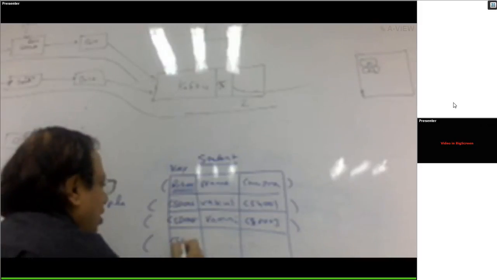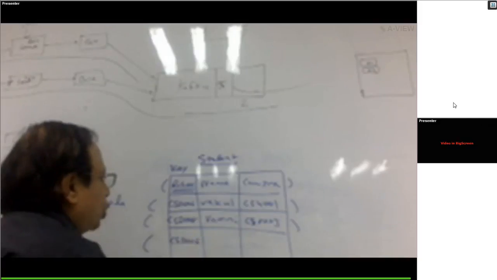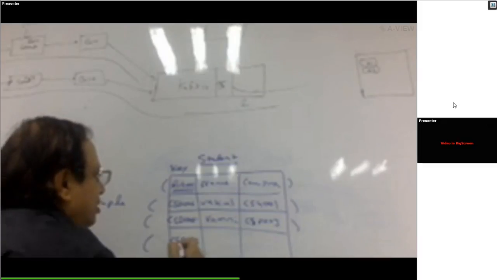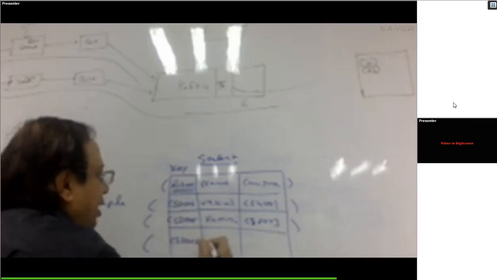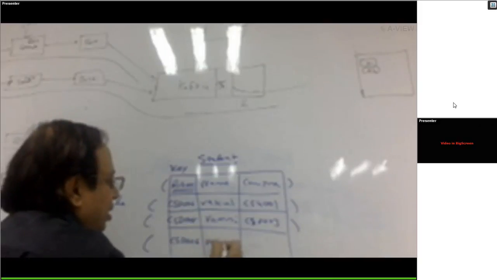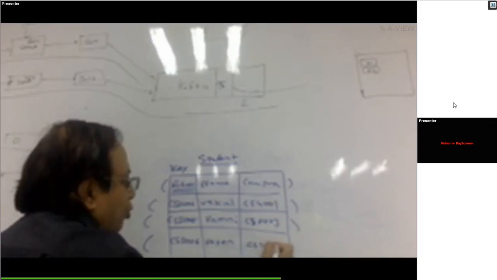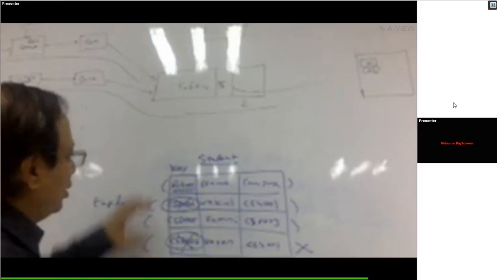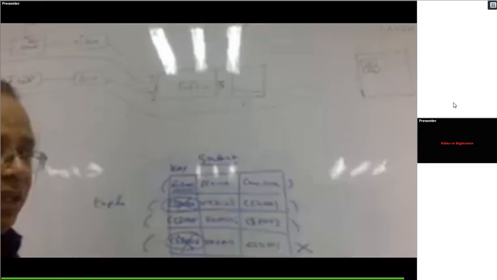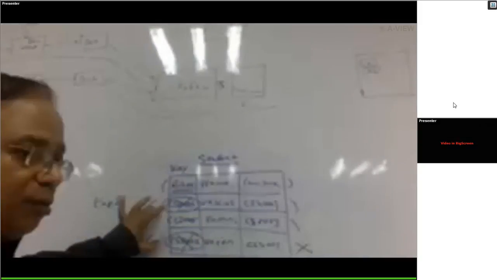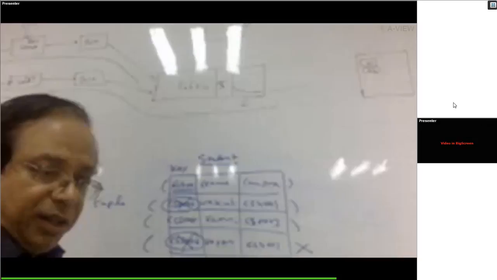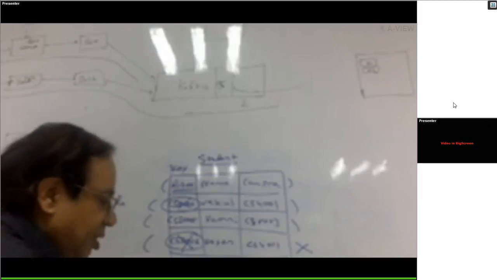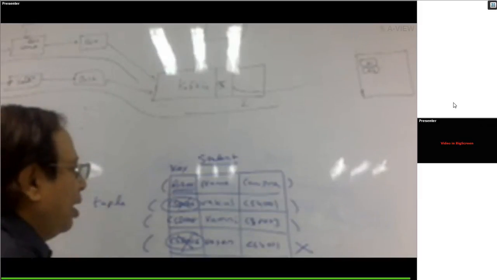There is not going to be another student with the same roll number as this, with a different name and CS4001. This won't be allowed, because this value here is the same. Once you set the key, there won't be two tuples with the same value as given here. That is basically called the key attribute.